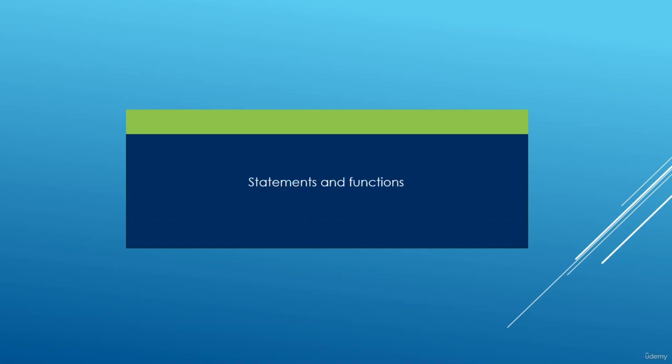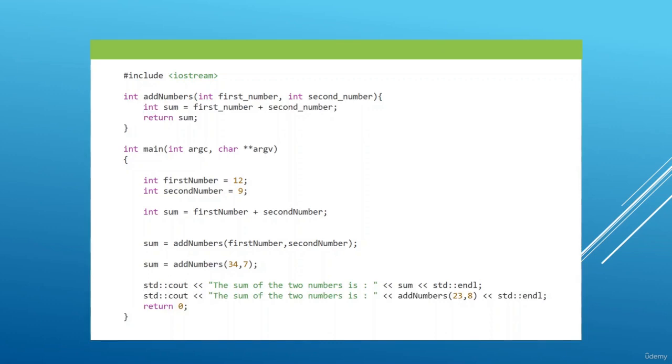After that, we took a look at statements and functions. We saw that a C++ program is really a collection of statements. Statements are executed in order from top to bottom, and you can group your statements into functions to make them do specialized things.